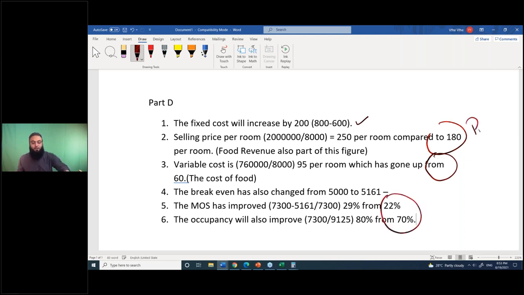So in different paragraphs, you have to write the answer with the quantification that I've done in front of you like this, in multiple paragraphs. So this means that this option is a safer option. Okay. One can say safer option because your MOS is improving and your capacity utilization is also improving.